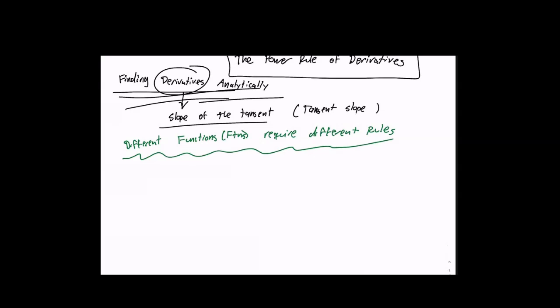So the first thing we need to understand is what a power function is. A power function is any function that can be written as f of x equals a constant, which can be a fraction, times x to the n. A constant times x to the n.